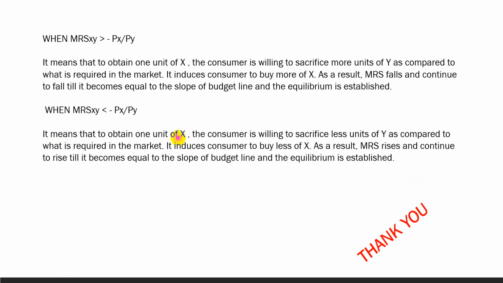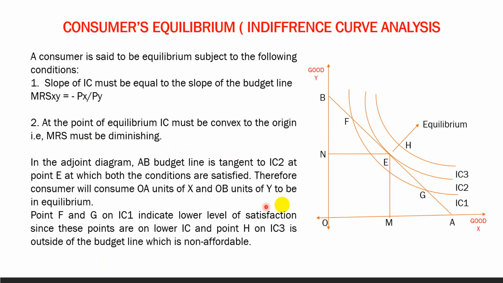It means that to obtain 1 unit of good X, the consumer is willing to sacrifice fewer units of good Y as compared to what is required in the market, and therefore it induces the consumer to buy less of good X. As a result, MRS rises, and from here MRS will rise this way, and it will continue till MRS XY is equal to minus Px by Py. Therefore, this is the consumer equilibrium level of consumption.